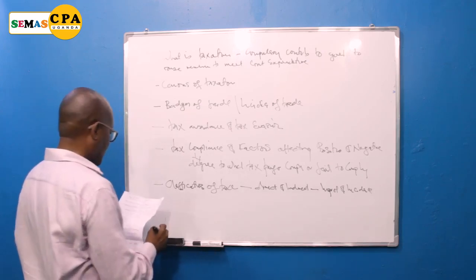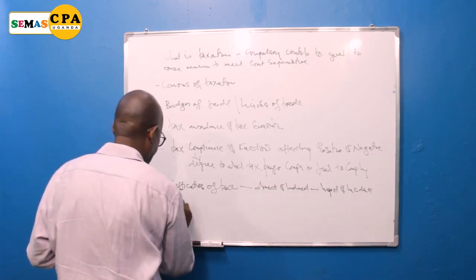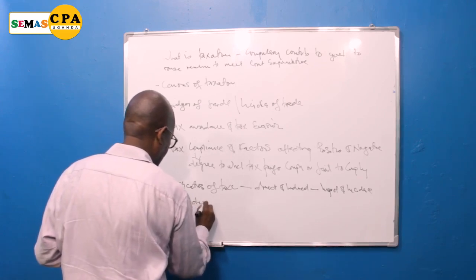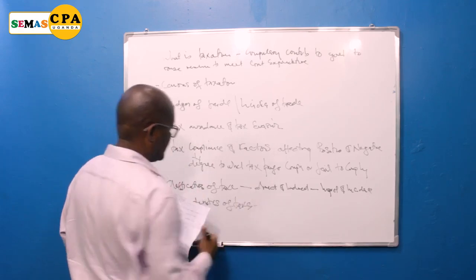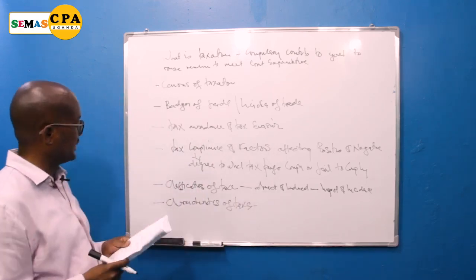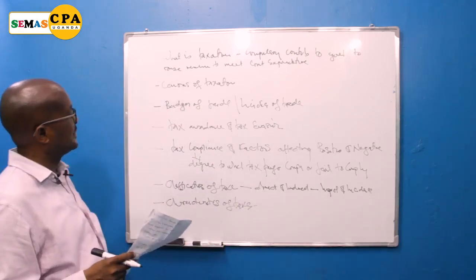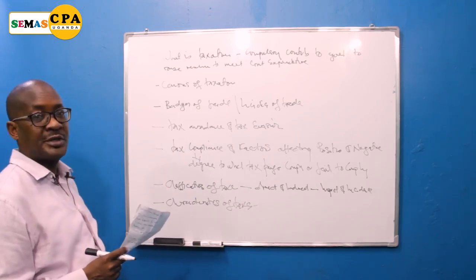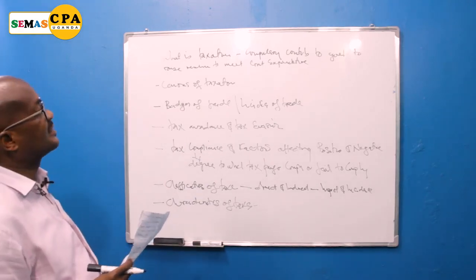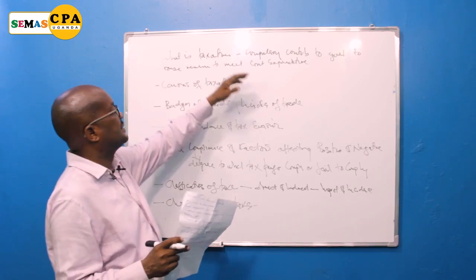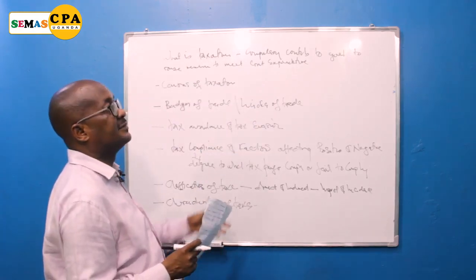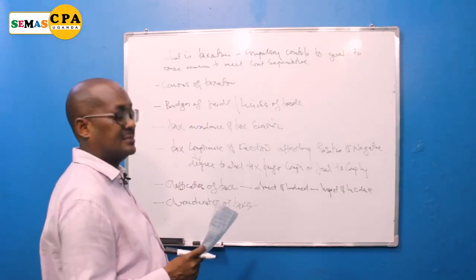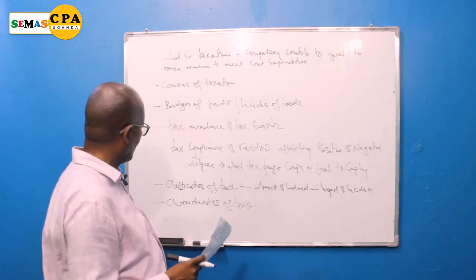We need to know characteristics of taxes. This is just the theory part. Most people want computations most of the time, but tax is not about computations. These theory parts at times come and you have 5 or 10 marks. And if they go away, you're left with 90. And you can't get all the 90 in the computation.